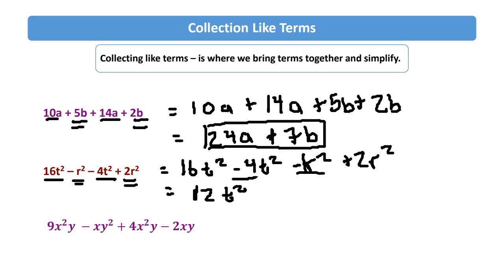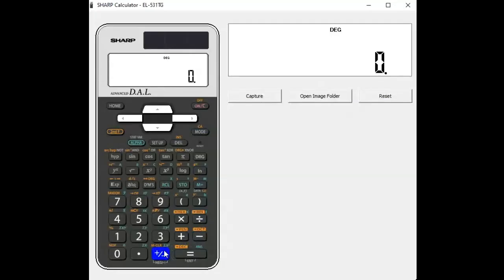So it was negative 1 plus 2. If I want to put a negative in front, I don't use the subtraction key because that'll give you an error. But I'm going to go negative 1 plus 2 in my calculator. And that's going to give me a 1.